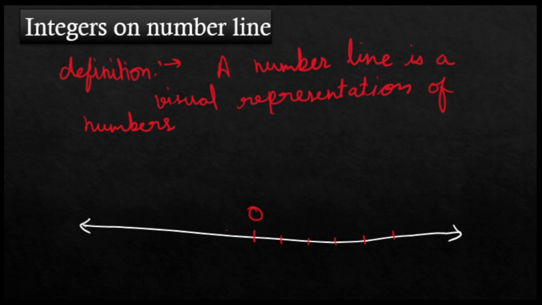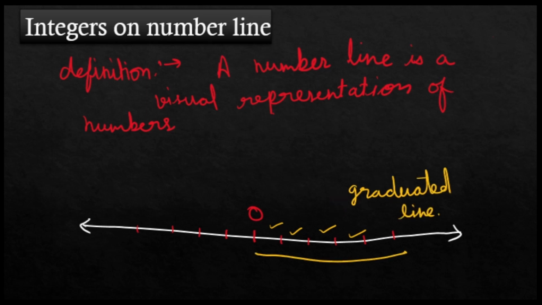It is marked with the units of measurement, so it is a graduated line. As we can clearly see, this line is marked with the units of measurement: this unit, this unit, this unit, all the units. So this is a graduated line.